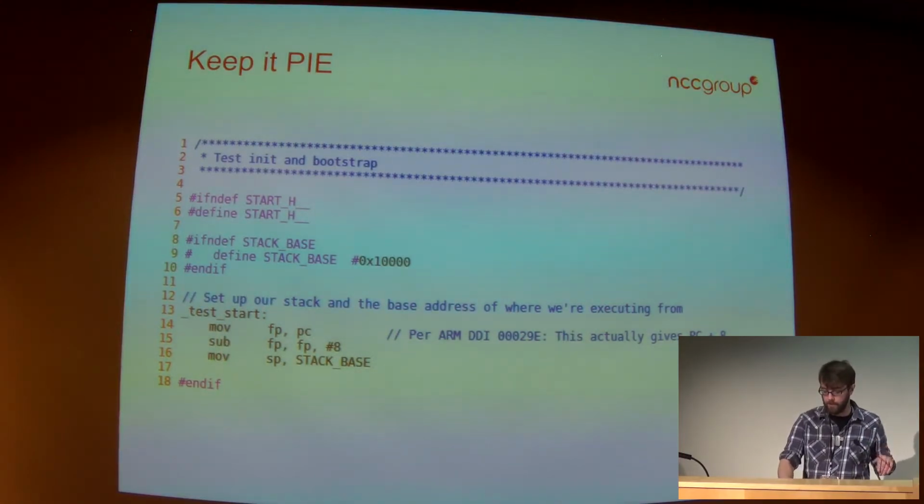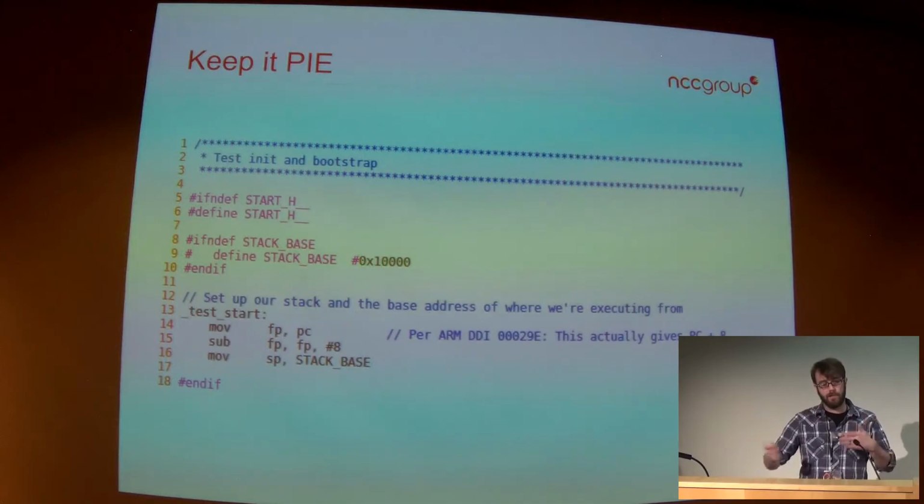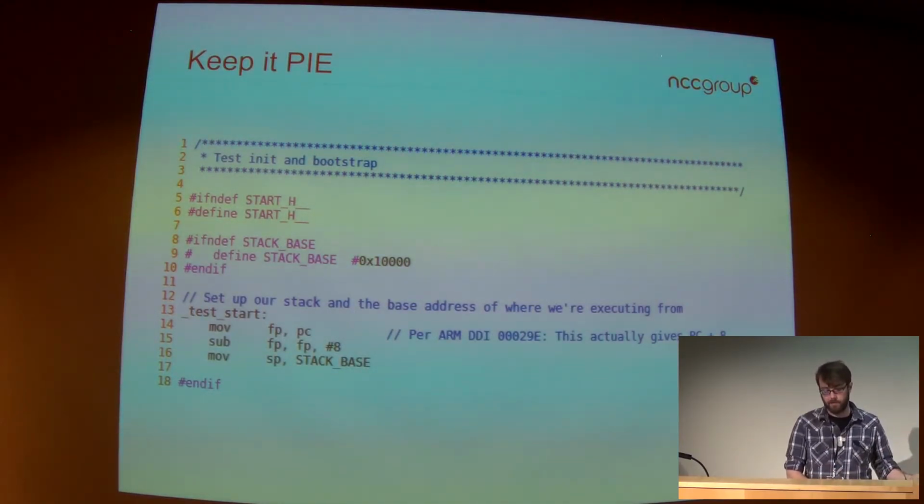But again, you can reference this, where you can find the whole thing about PC plus 8 that we just talked about. So you then assemble all your code, assuming that it's all executing at address 0, and whenever you're going to fetch something from your payload, you just add FP to it, and just keep one register around for yourself if you can. And then setting up the stack here just so that I can do my little test pictures.